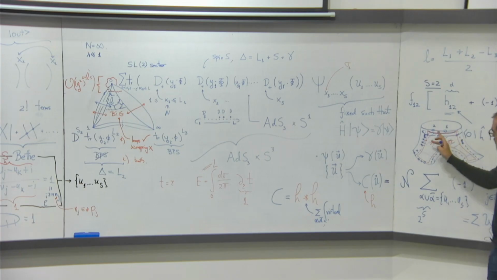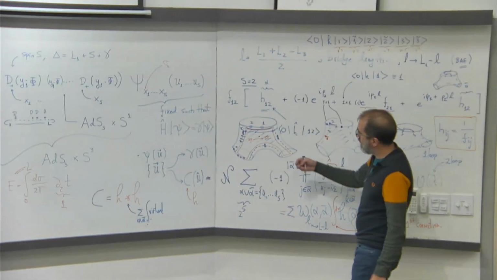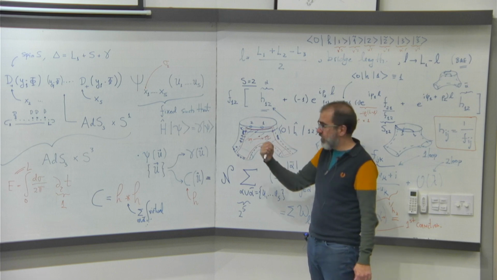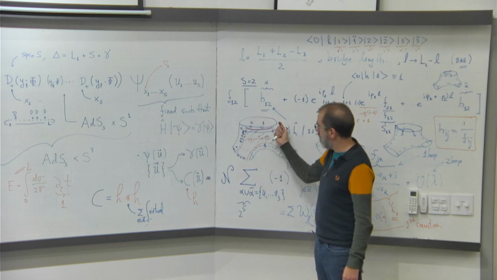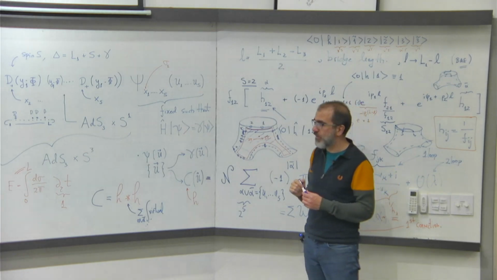Then what you see is that this hexagon has a problem: when you put particles on both sides, you will start getting a pole when these guys coincide, and you need to regulate this hexagon business. And that's what Basso, Benjamin, and Alessandro, and so on have been working on, understanding that this divergence is physical. It's nothing but a renormalization of this operator and how it relates to the fact that this operator needs to be renormalized by the effect of these virtual particles, and they managed to take that into account.